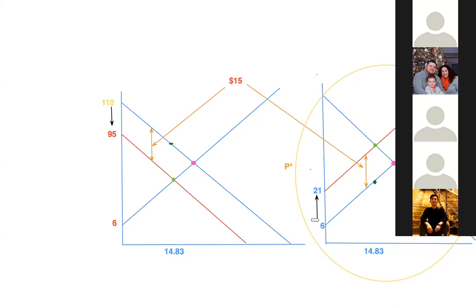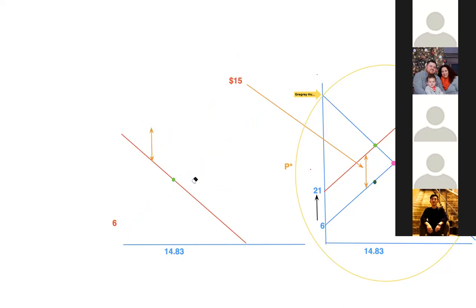Yeah. So you have to graph the original demand and the original supply curve. That's what I would do if I was going to solve this. So if you graph the original demand and supply curve, I'll go ahead and get rid of this diagram over here, since we're just going to focus on shifting the supply curve.